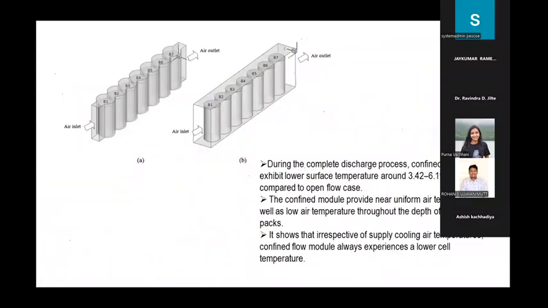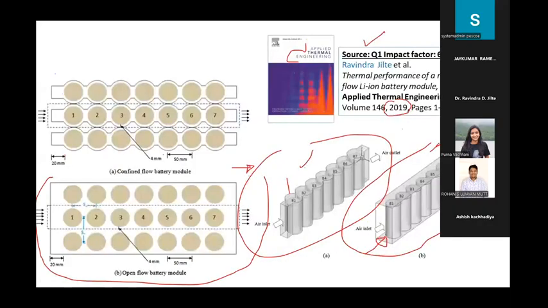So we have obtained very positive results from this side, that is, from the confined one, and therefore we have mentioned over there: thermal performance of a novel confined flow lithium-ion battery module.